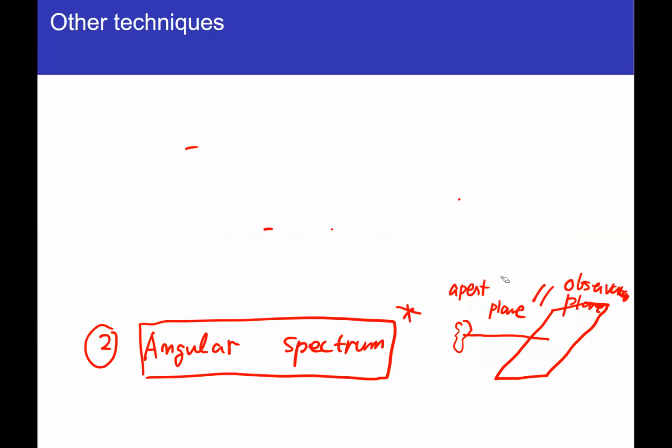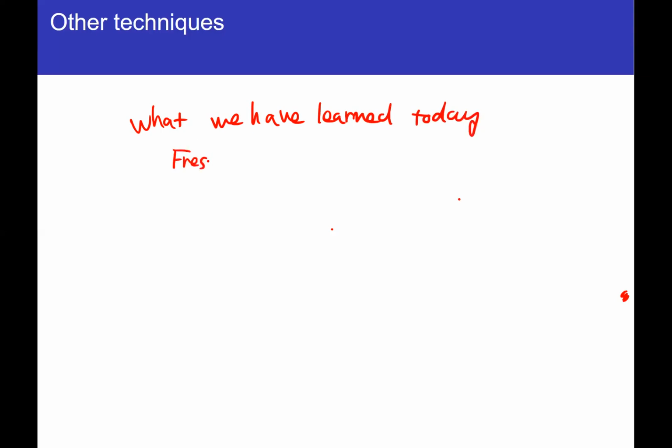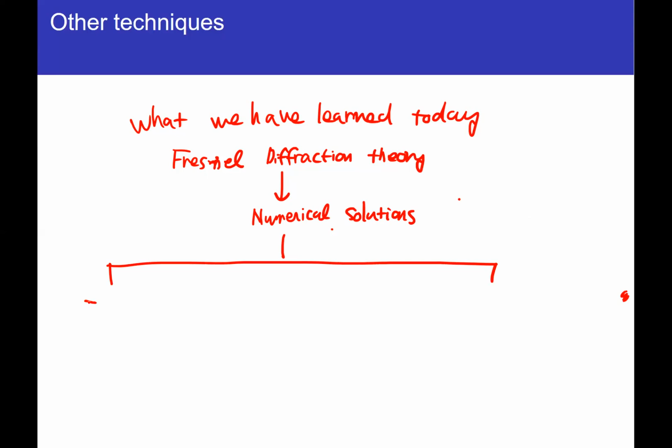So it's nearly the end. What we have learned today is that diffraction theory can be tackled in various numerical ways. Historically, we started with the Fresnel cosine and sine.